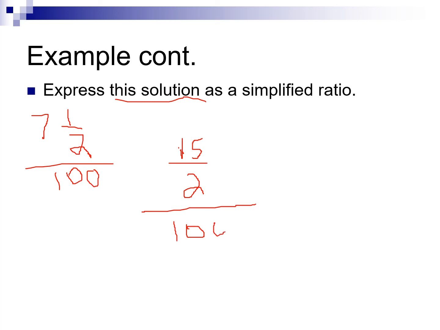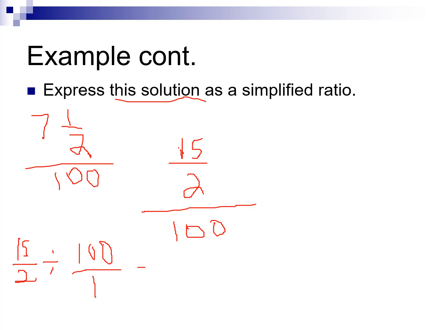So we should know kind of what that looks like. 15 over 2 divided by 100, and then it's 100 over 1. Remember, your top number is always to your left.